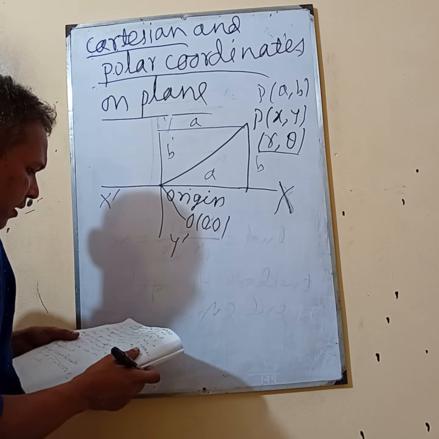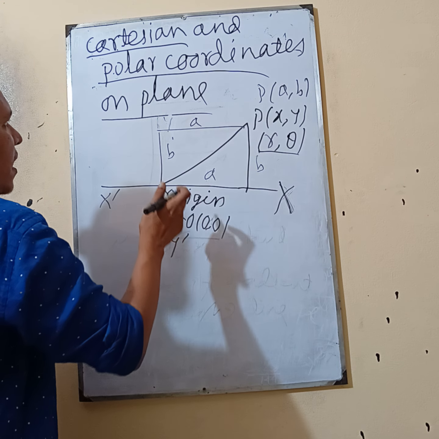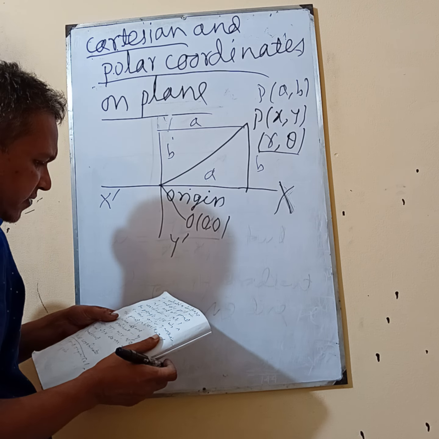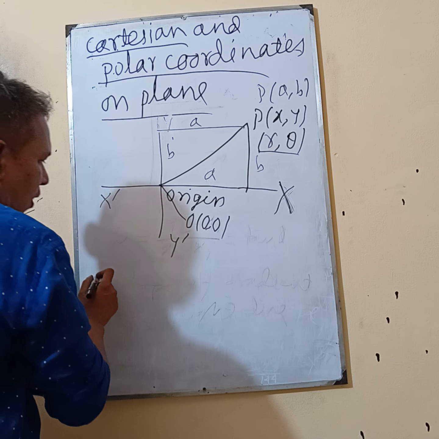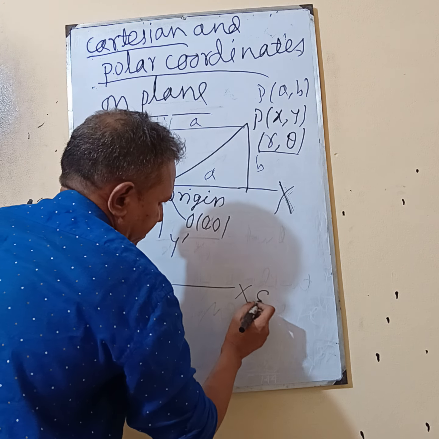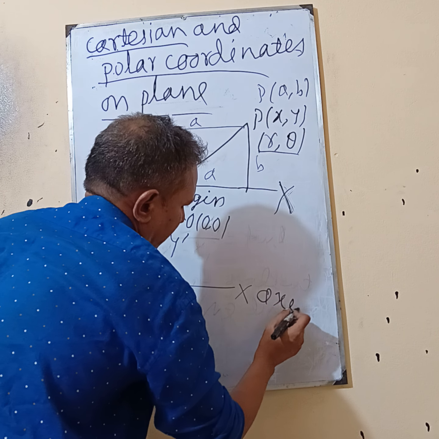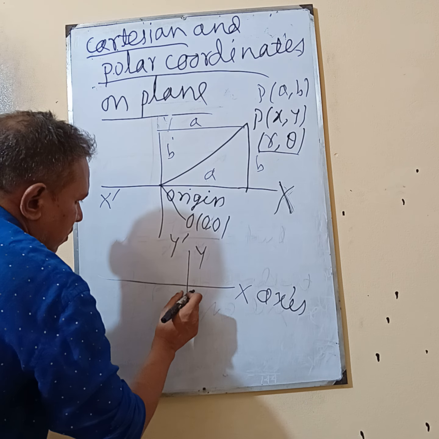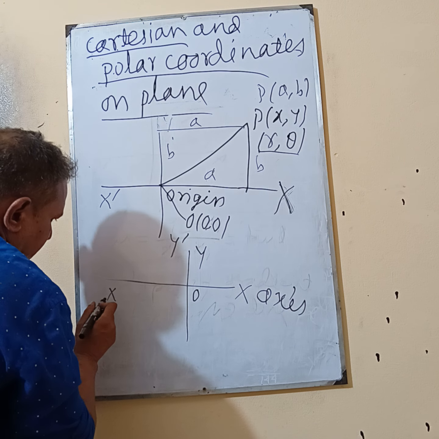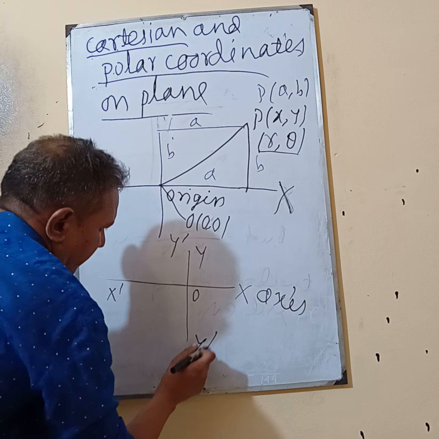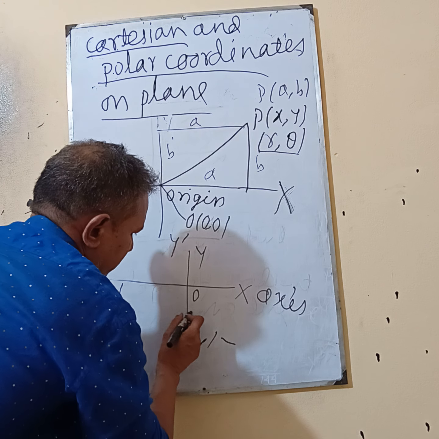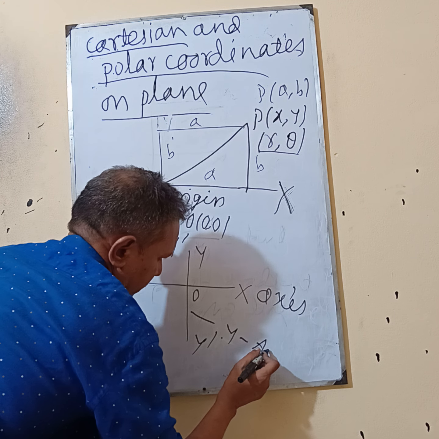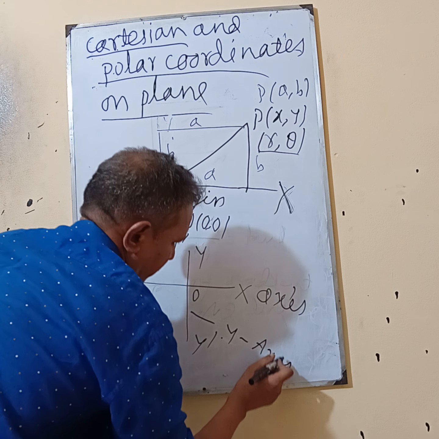The point coordinate (a, b) in the graph: X'OX is called the x-axis, and Y'OY is called the y-axis.